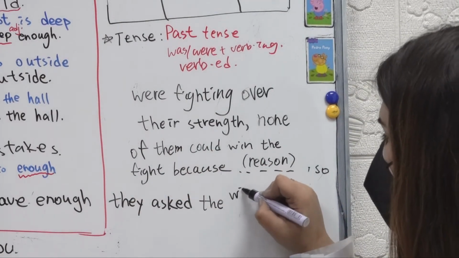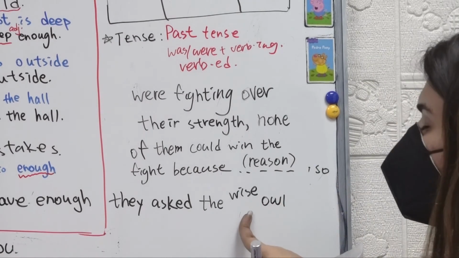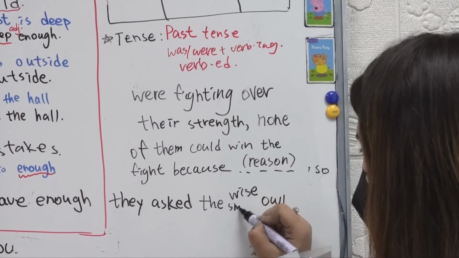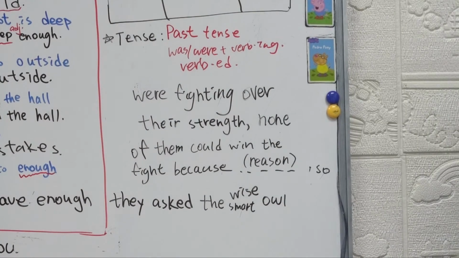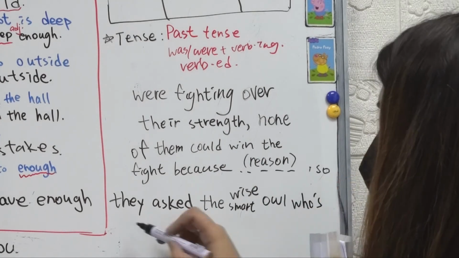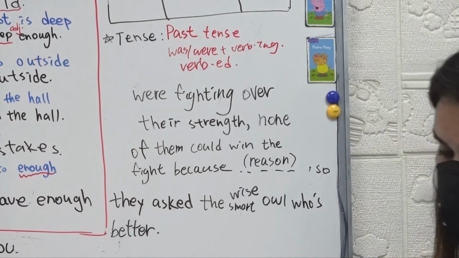It says wise owl, right? Wise owl means very, very smart. You may say smart owl as well. Okay, who's better? Who's better?